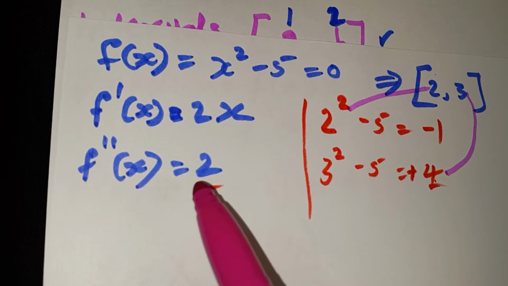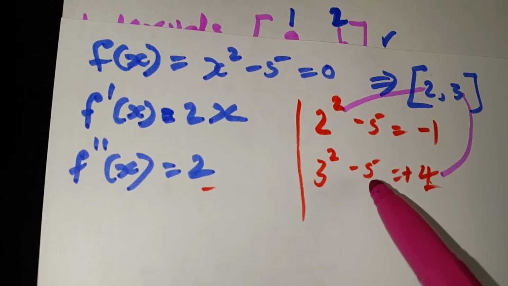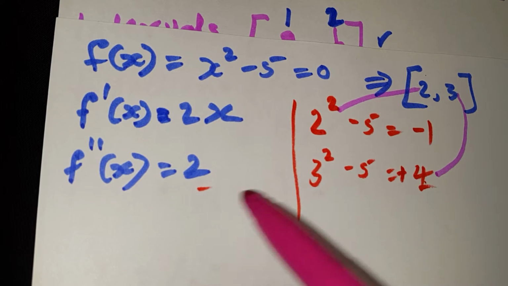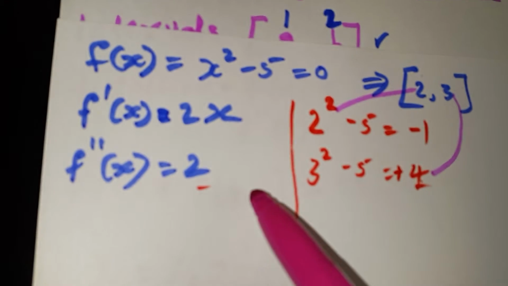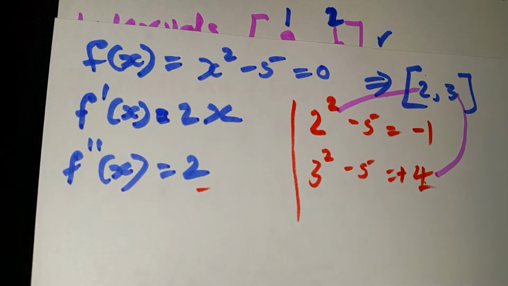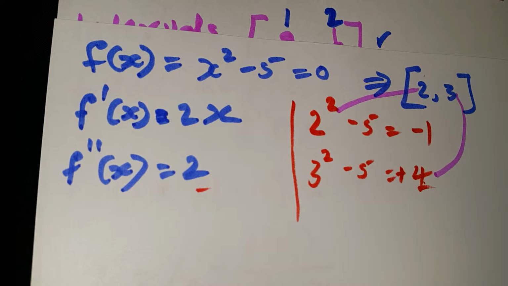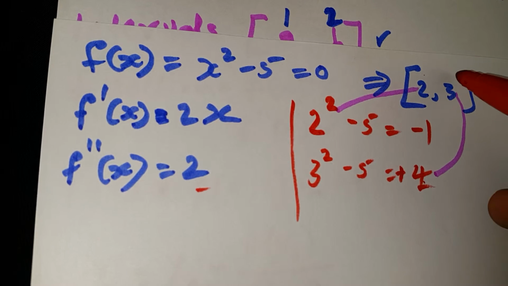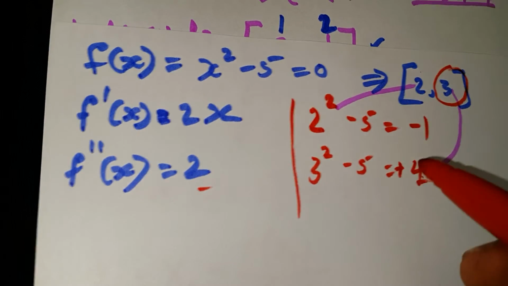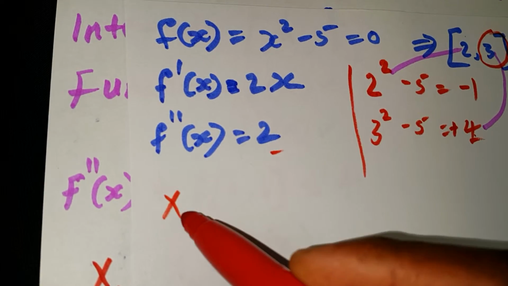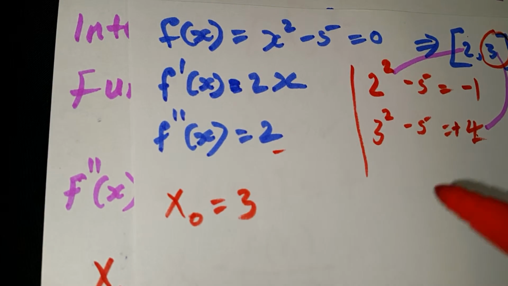When the second derivative times f gives us positive, that one is our x now. So our x now is equal to 3. Why?